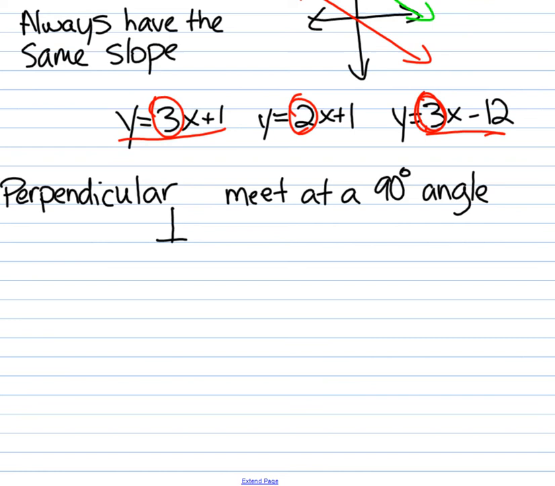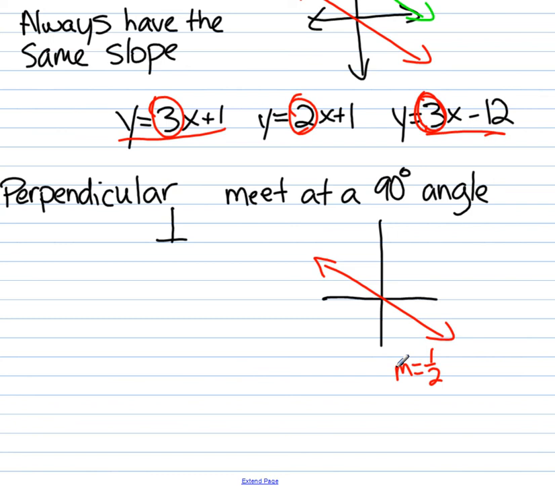All right, so let's say we go back, we draw our new grid. We take our line from before. And then let's say this has a slope of 1/2.